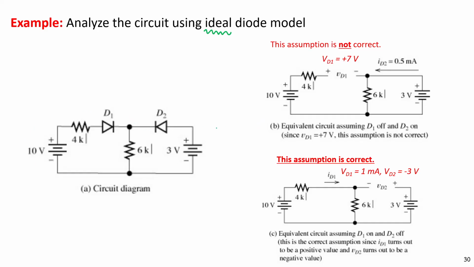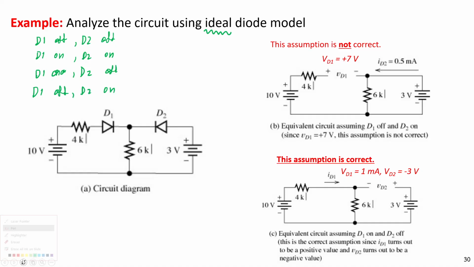So with this example, we have two diodes. Again, we can assume D1 off and D2 off, D1 on and D2 on, D1 on and D2 off, D1 off and D2 on, right?